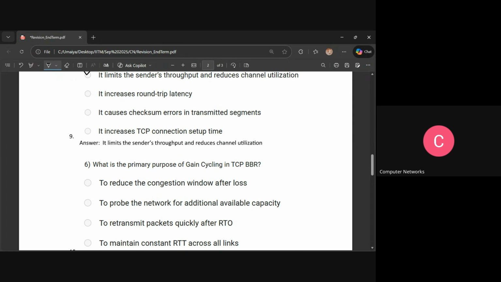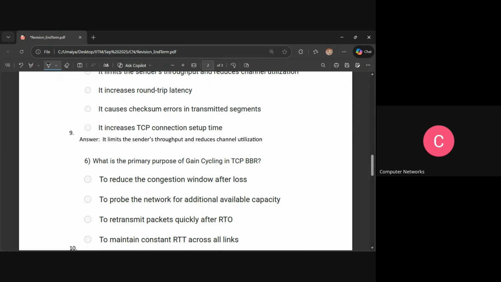And here is the next question. What is the primary purpose of gain cycling in TCP BBR? The primary purpose is to probe the network for additional available capacity. Generally TCP BBR uses gain cycling: periodically it varies the sending rate above and below the estimated bottleneck bandwidth.